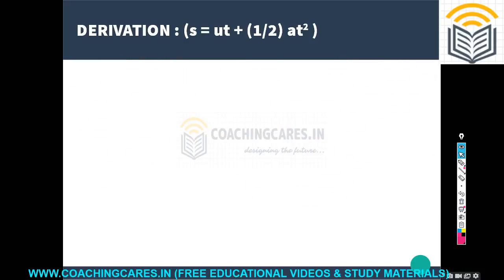Now we'll see another slide, equation number 3, the derivation of this equation number 3. So this derivation we'll understand this way. We know S is equal to the equation number 2, S is equal to UT plus half AT square. We know this.